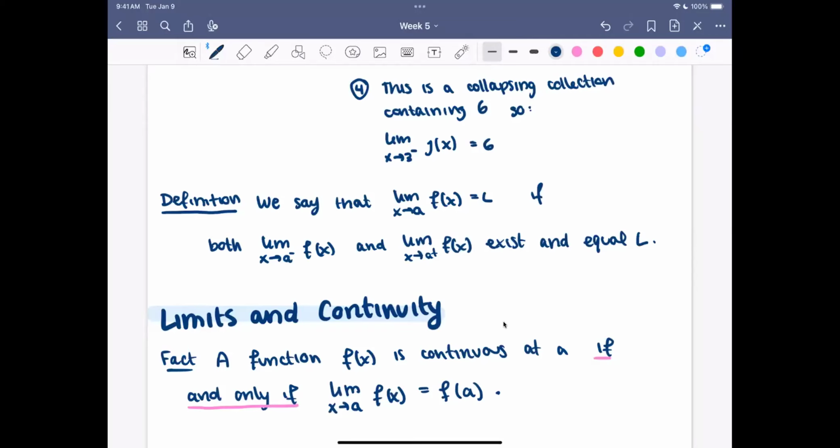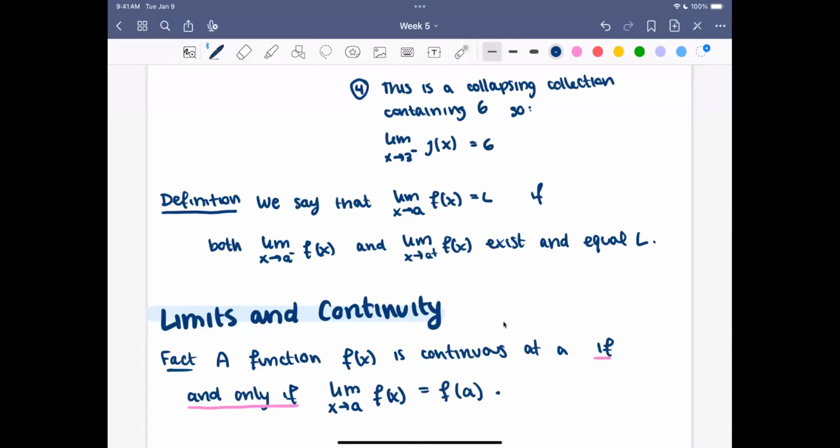This phrase appears pretty often in math contexts, and what we mean by it is that these two statements are equivalent. So if a function is continuous, then the limit as x approaches a of f of x is equal to f of a. And if this is true, then that also implies that f is continuous at that point.